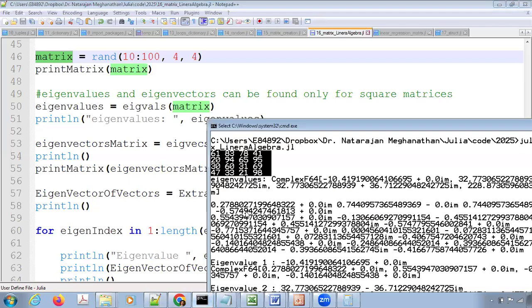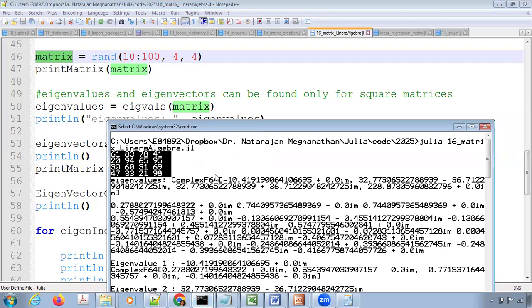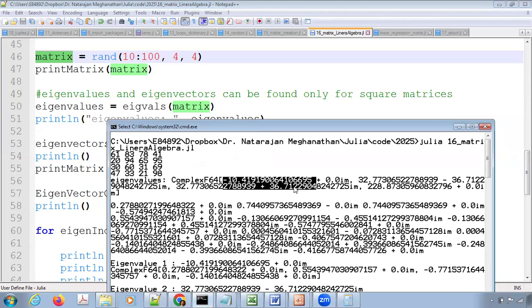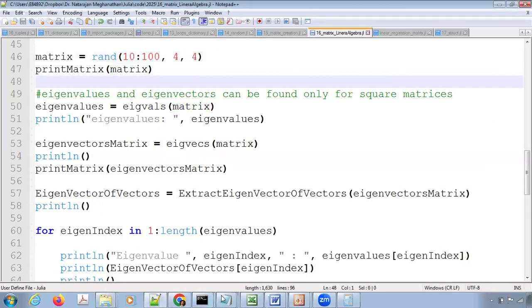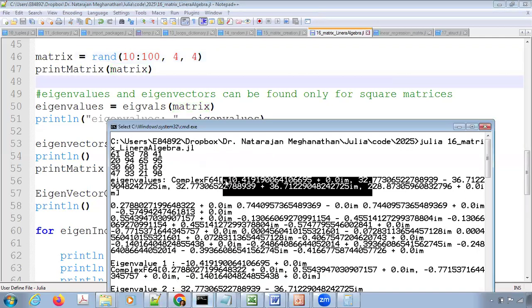And here I'm printing. This is a 4 by 4 matrix, so it has 4 eigenvalues, which are these eigenvalues here. Now, the eigenvalues could sometimes be complex numbers, and we don't worry about that for now. It could be a real number or a complex number. There will be just 4 entries. In this case, this is one eigenvalue, and this is a complex number.